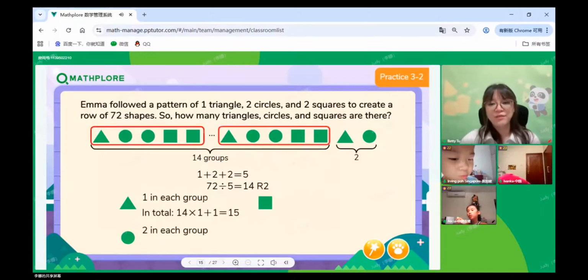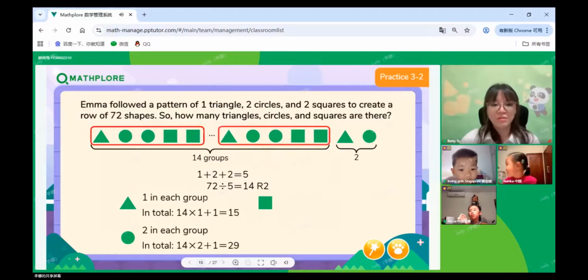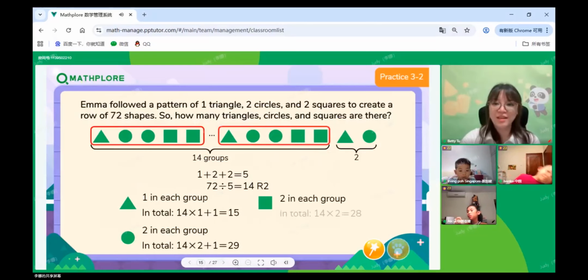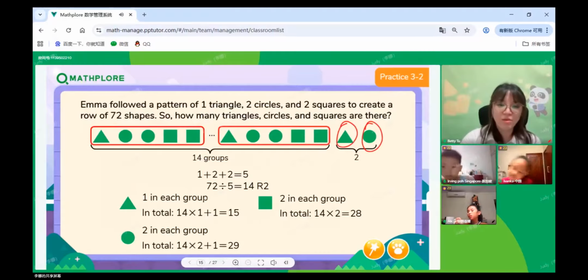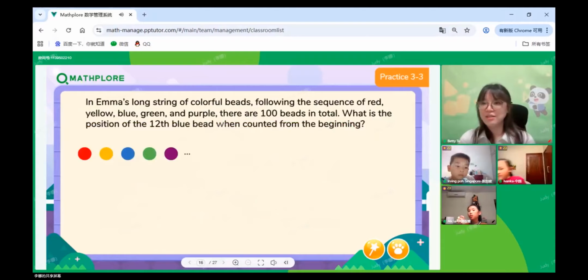So don't forget, find the number in each group, find the square in each group. I mean, the number in each group, and then don't forget plus 1 more triangle and 1 more square, I mean, circle, okay? All right, take a look at this question.